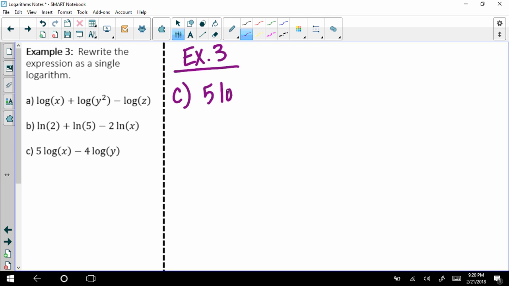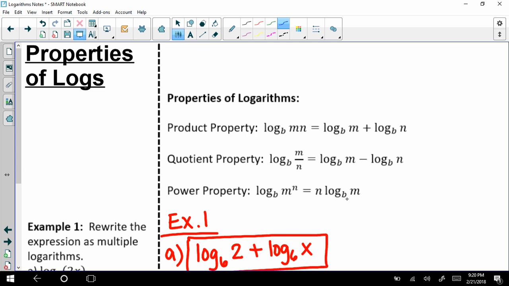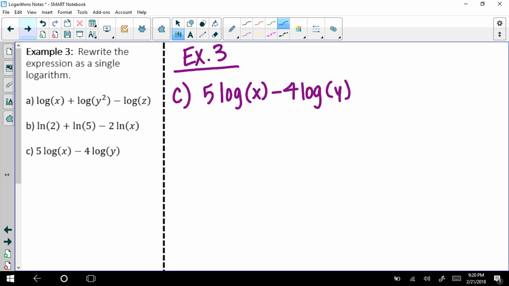we have 5 log of x minus 4 log y. Okay, so when you have a number multiplied in front, that's the third property, the power property. That means it becomes the exponent on whatever's inside the log. So then this 5 goes on the x, and this 4 goes on the y.